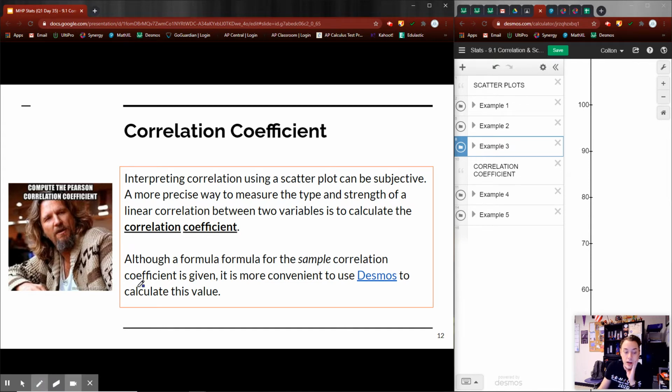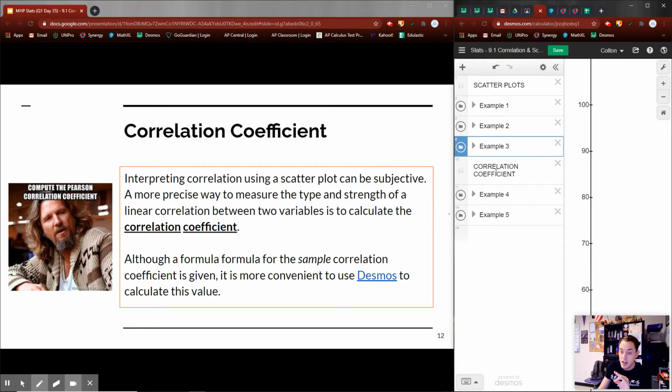So I'm going to show you what the formula is. Although a formula for the sample correlation coefficient is given, it is more convenient to use Desmos.